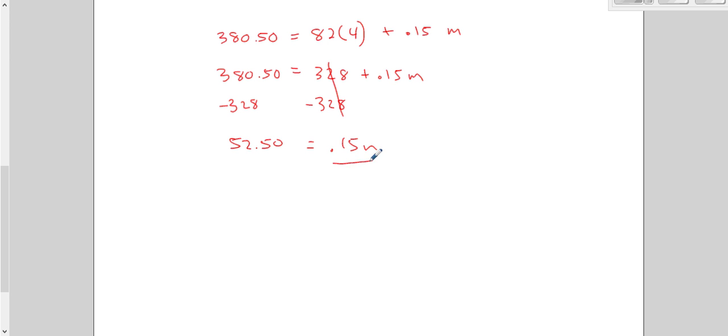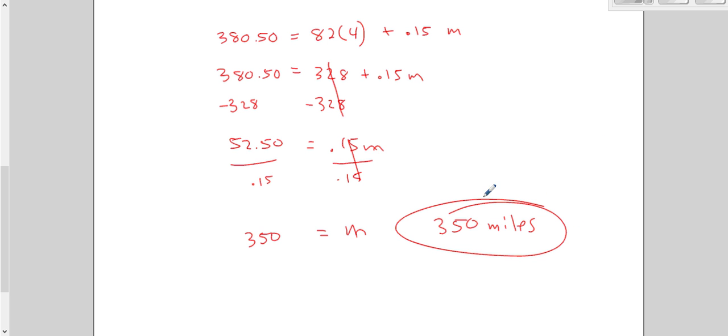We're going to divide by the 15 hundredths. We cross that out. We get m is equal to, when we divide this, we're going to get 350, which means 350 miles. Again, make sure you label. And that's it.